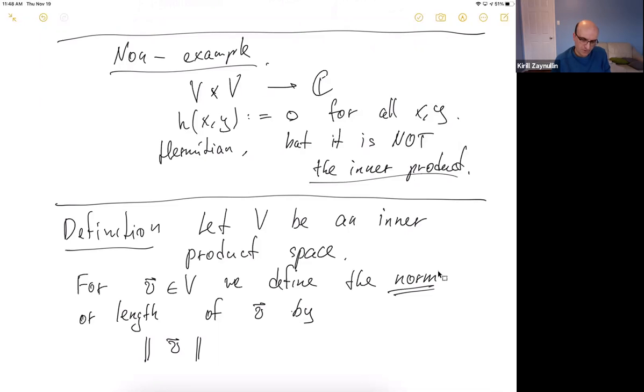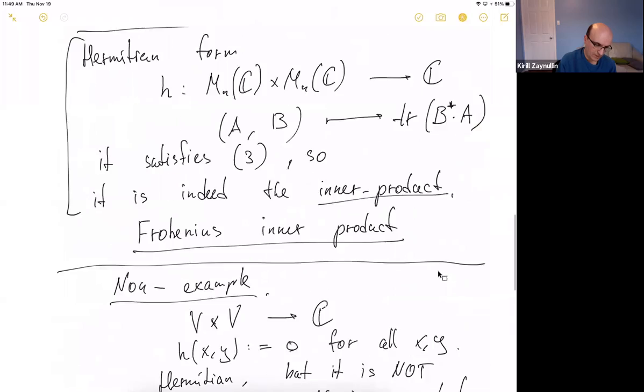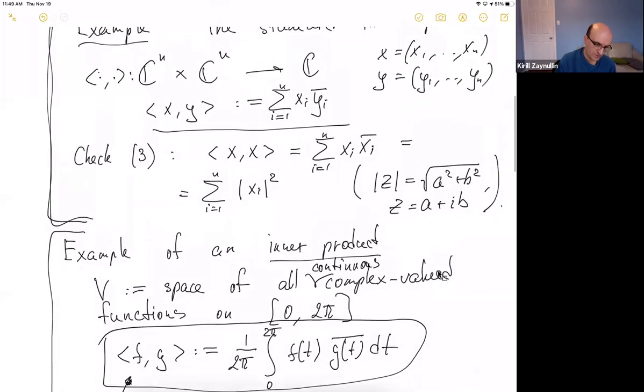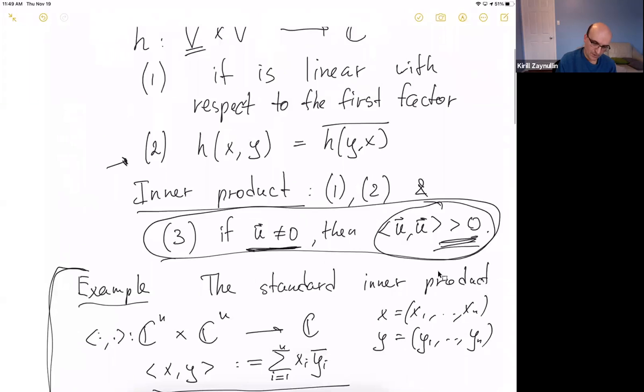So this is a notation for the norm or the length. And this is just set to be the square root taken from the value of the respective inner product on the vector v, so it's the square root of (v, v). Recall that by property 3, this value is always strictly positive if applied to a non-zero vector, right? So it makes sense to take a square root.